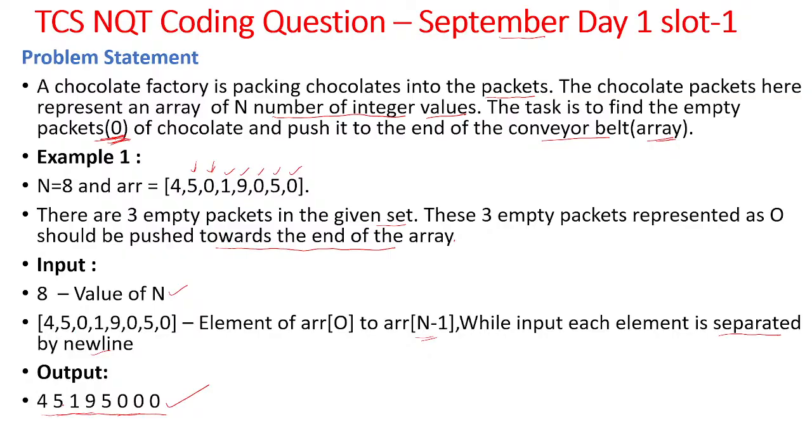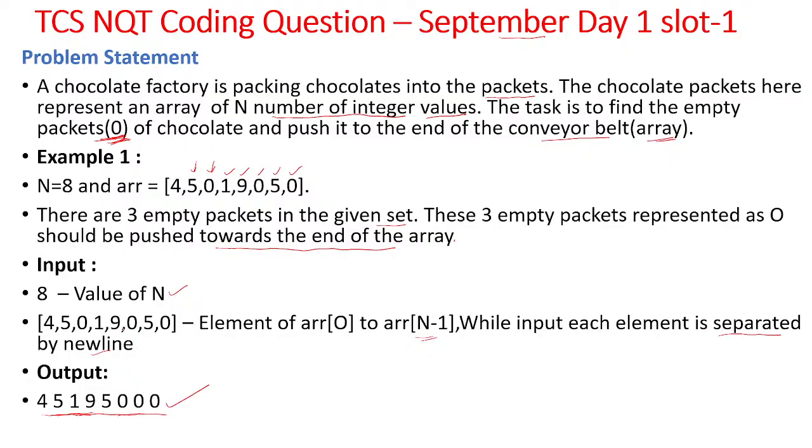See, 4, after that 5, afterwards 1, then 9, then 5, followed by the zeros. This order we should maintain, otherwise your actual output and expected output will not match. So this order also we should preserve. This is one important observation to be made.